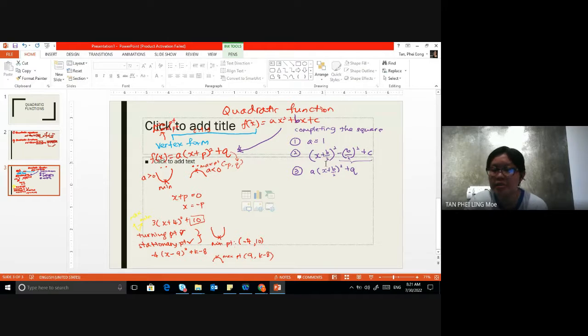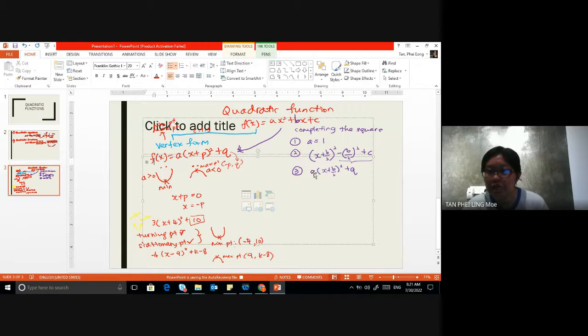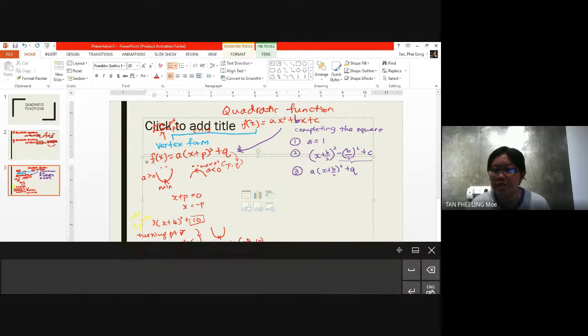Because this part is going to continue. This part is actually copied down, right? And then you will have your a. Actually, this a, because it's 1, I'm just writing it down here.